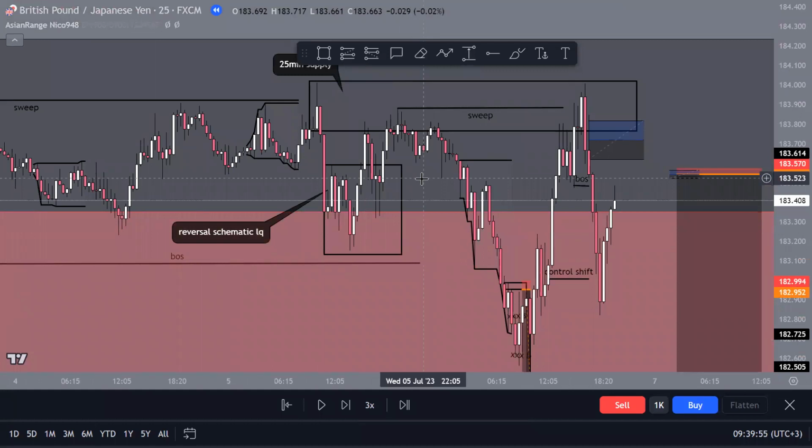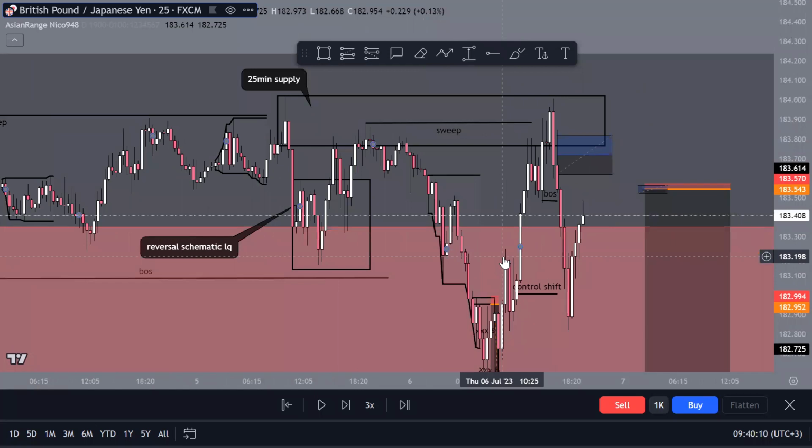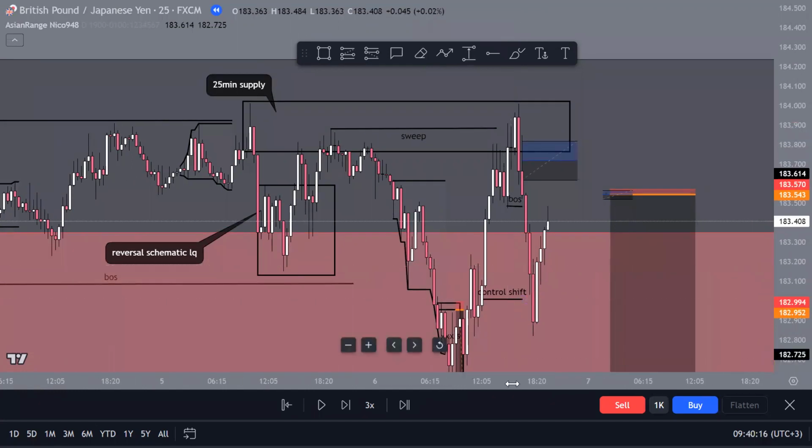I have every reason to still have my bias to sells here, because the order flow was not ruined yet. There's no reversal on the order flow. We didn't have any control shifts against my initial order flow, which is sells in this case.